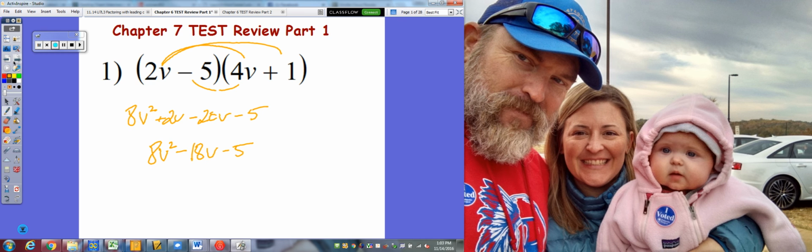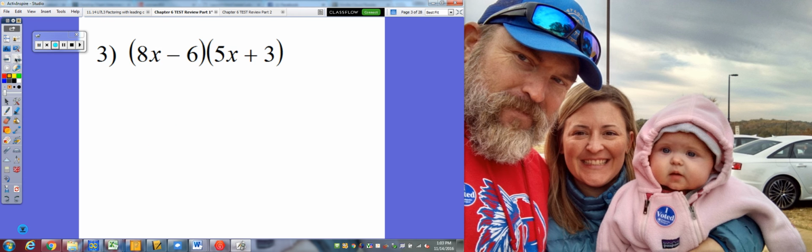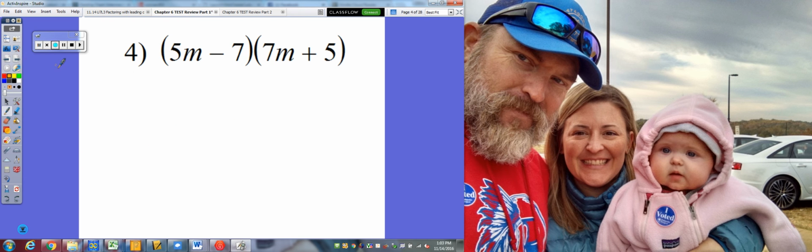All right, if we come over here to, let's look at number 4 for a second. We'll just kind of mix it up here a little bit. Again, 5m times 7m gives me 35m squared. 5m times 5, 25m. Negative 7 times 7m, negative 49m.